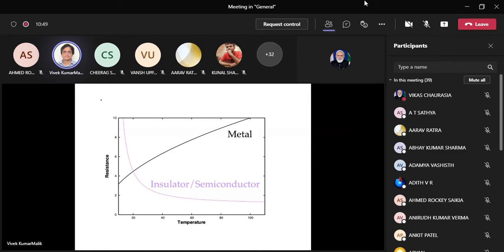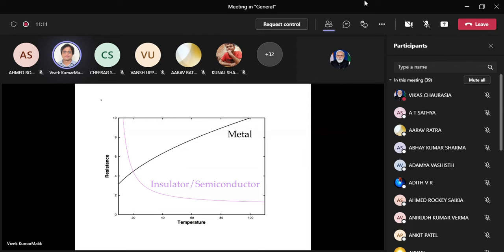You are right. In case of metals, there are already electrons in the conduction band. The numbers do not change significantly as you change the temperature, but what changes is the vibrations. We assume that these electrons are flowing through a background of static remaining ions.